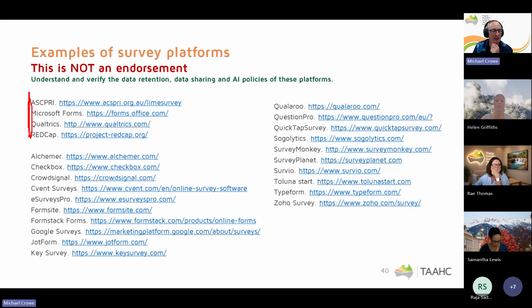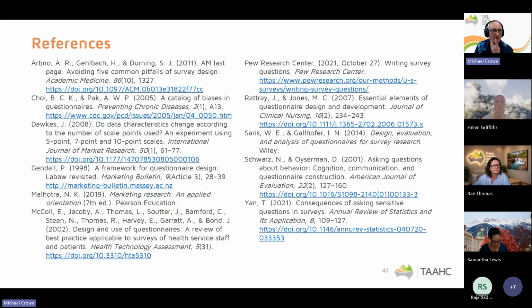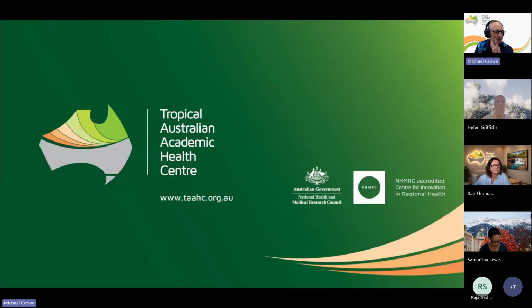Qualtrics may be available. REDCap is used especially for clinical research and for longitudinal research. There's a million and one other ones, and I couldn't say whether they are worthwhile or not. And I certainly wouldn't use them for health-related data. You have to be very careful with that. I do have references as well if you're interested.